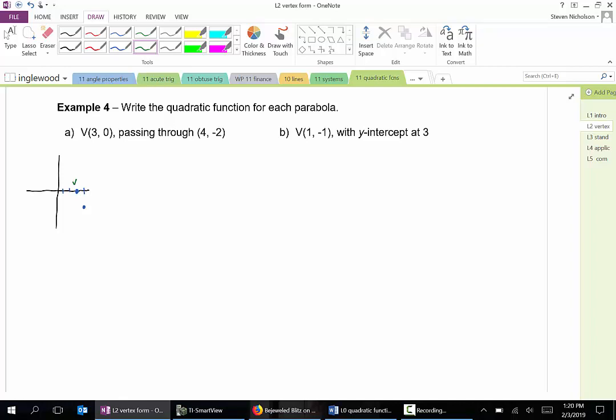And if that's the top, then here's my axis of symmetry right here, which means I have a matching point over there. And if I connected those 3 dots, it has to be opening down. So basically what this says to me, my little picture, is A is going to be negative. A is going to be less than 0. And that's going to be important because when I do my computation, that has to be true.